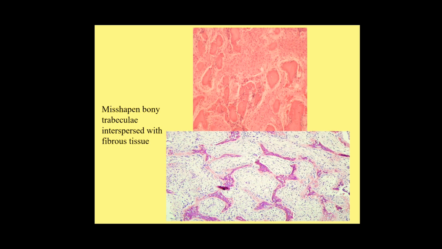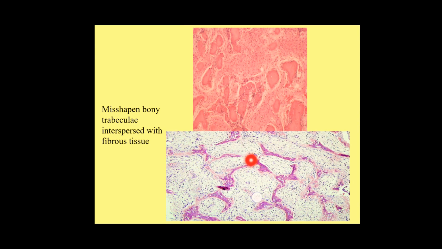So osteoblastic rimming, where did we see? Osteoblastoma and osteoid osteoma will have osteoblastic rimming, but fibrous dysplasia won't have osteoblastic rimming. So this will differentiate fibrous dysplasia from osteoid osteoma or osteoblastoma.